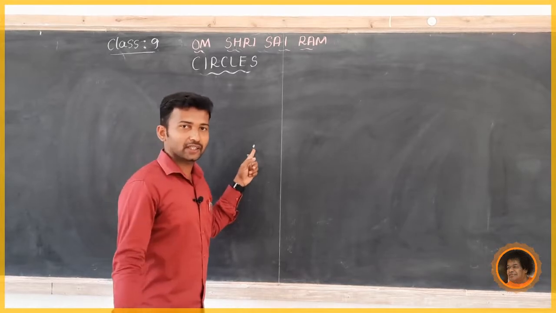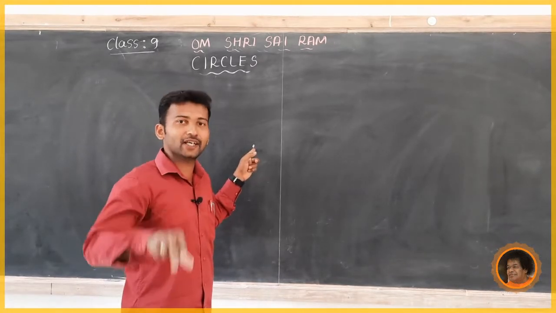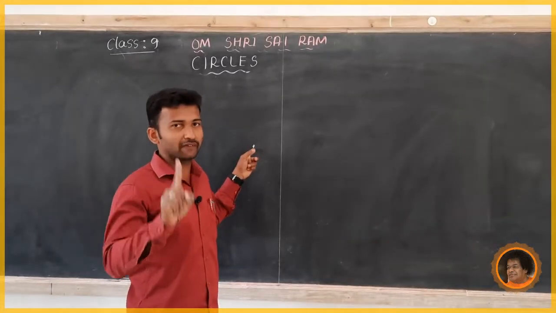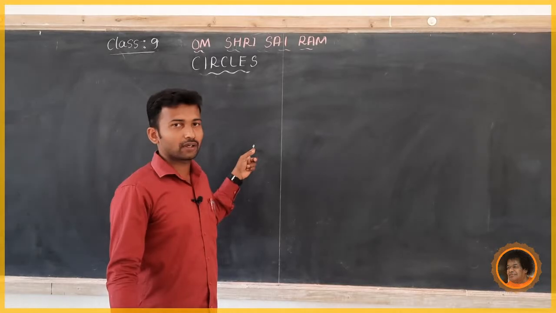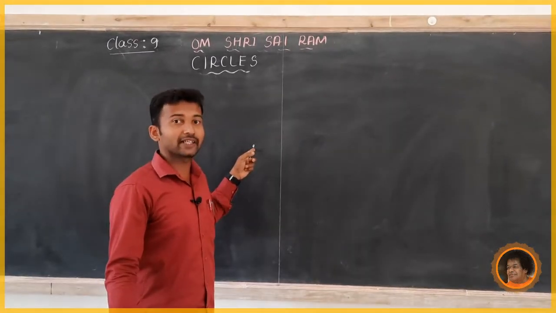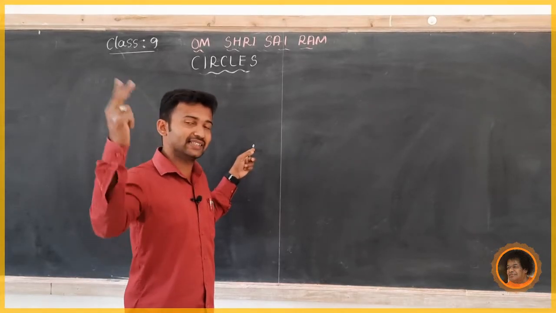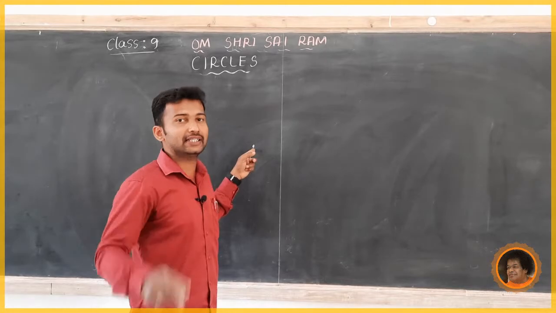By considering point P as the center, we can draw one and only one circle for a given radius, and we can draw infinitely many circles by taking different radii.